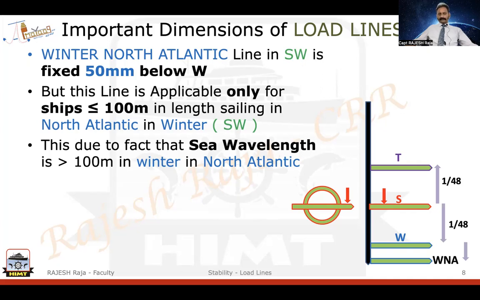When a ship of less than 100 meters meets these long wavelengths, it is a little bit risky because you will have a lot of shipping seas on your deck and your maneuverability also becomes very poor. So for vessels less than 100 meters, sailing in North Atlantic in winter, in salt water, you are supposed to load only up to WNA. Just remember, it is only a fixed 50 millimeter below your winter load line.